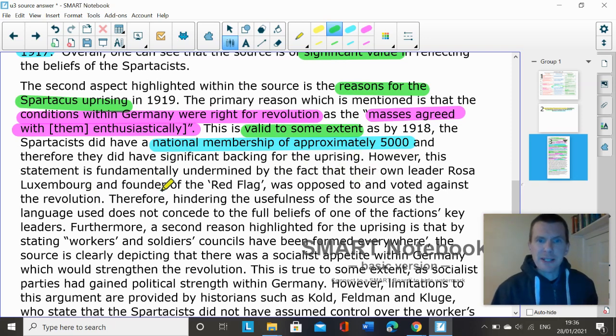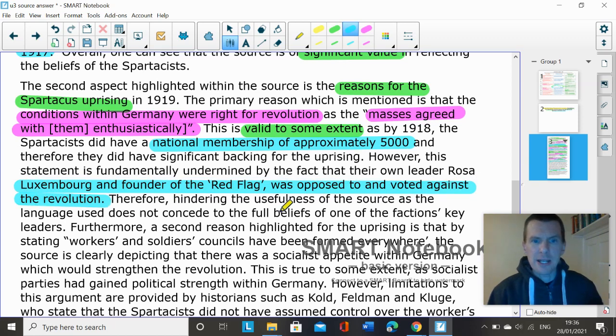However, this statement is fundamentally undermined by the fact that their own leader, Rosa Luxemburg, founder of the Red Flag, was opposed to and voted against the revolution, therefore hindering the usefulness of the source, as the language does not concede to the full beliefs of the faction's key leaders.